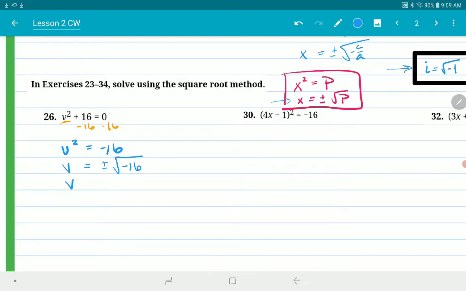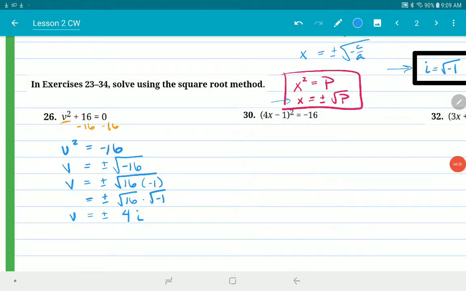So we got v equals, and I can separate that negative 16 into 16 times negative 1, and with a square root, I can split up factors like this. And now I have plus or minus, the square root of 16 is 4, and the square root of negative 1 is i.